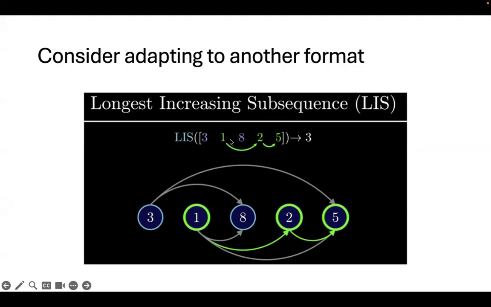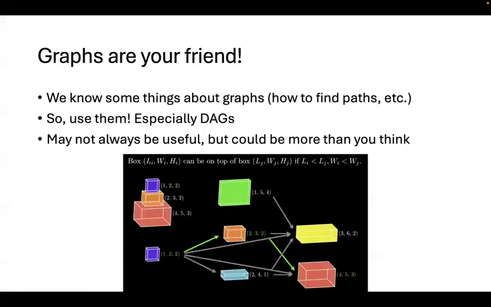It turns out that the longest increasing subsequence is 1, 2, and 5 with a length of 3. One of the ways they chose to visualize that was with a graph, where we can do the topological sort that we've talked about with graph algorithms, and then we just find the longest path. There's an algorithm for that. We know some things about graphs, so let's use that, especially since directed acyclic graphs tend to be useful in dynamic programming problems.